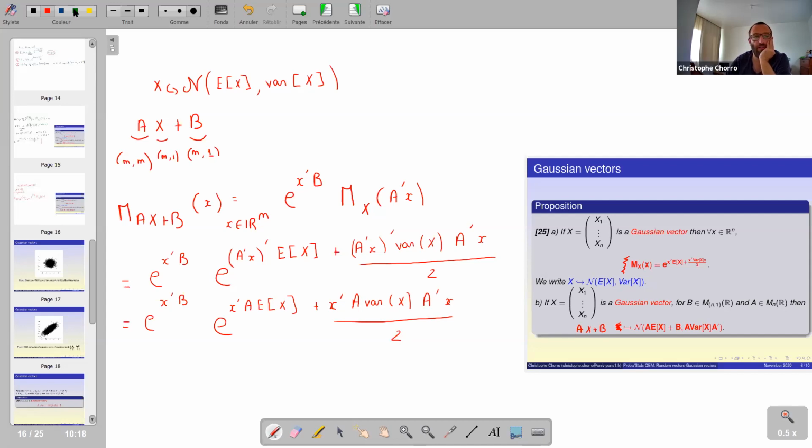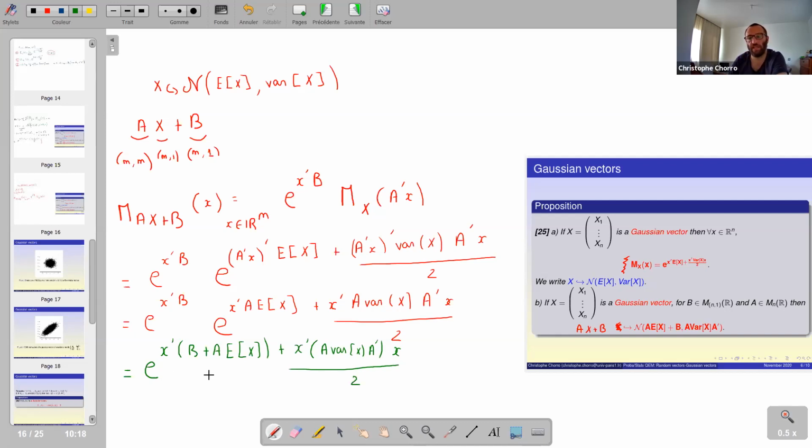And I can remark that my moment generating function can be written this way: exponential of x prime of (b plus A expectation of X) plus x prime A variance of X A prime x over 2.